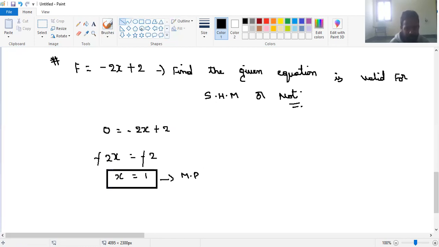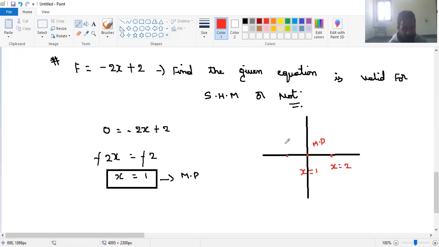Now if I am taking the table, see here, x is equal to 1 is my mean position. Then in this direction x is equal to 2 will be there, and in this direction x is equal to 0 will be there.